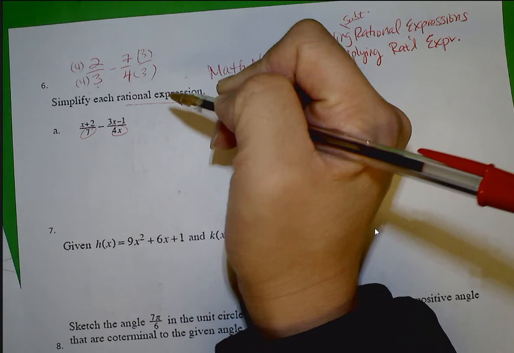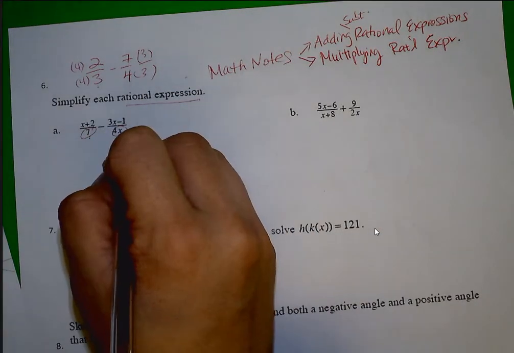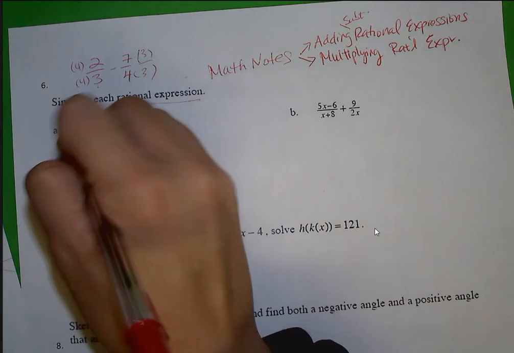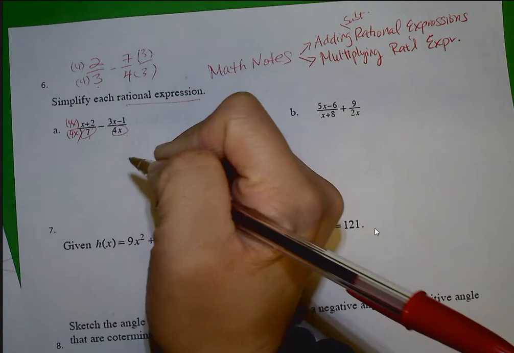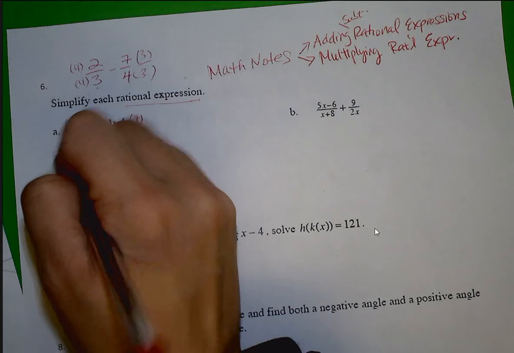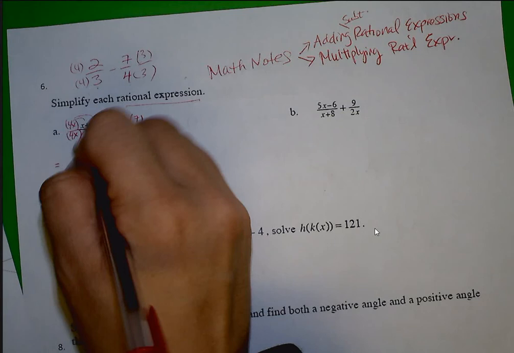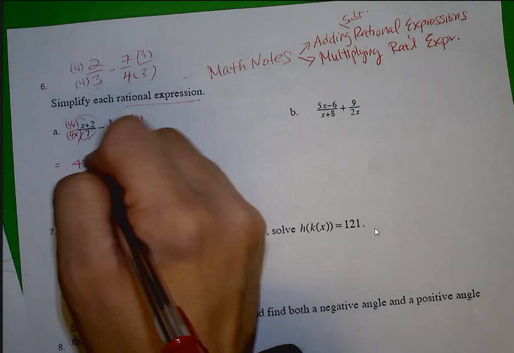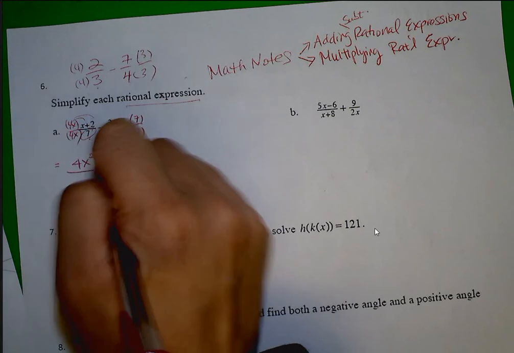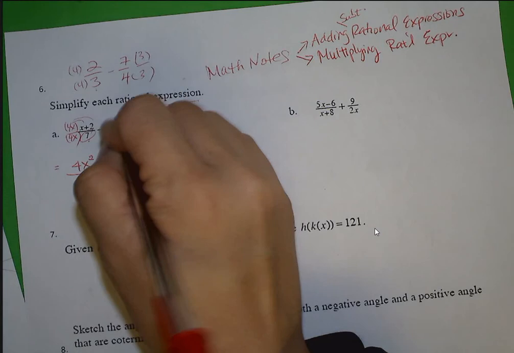But now look. The least common multiple is 24x. So I'm going to multiply by 4x here and 4x here, and I'm going to multiply by 7 here and 7 here. That way this distributes. This equals this; I'm making an equivalent statement. So this is 4x squared plus 8x over 28x, minus 21x minus 7 over 28x.